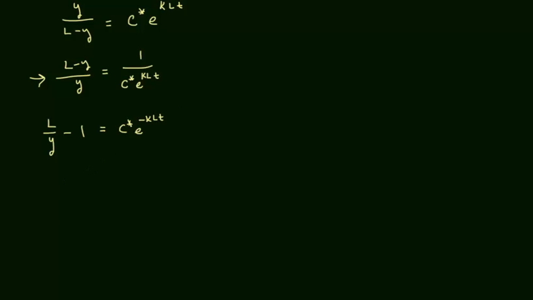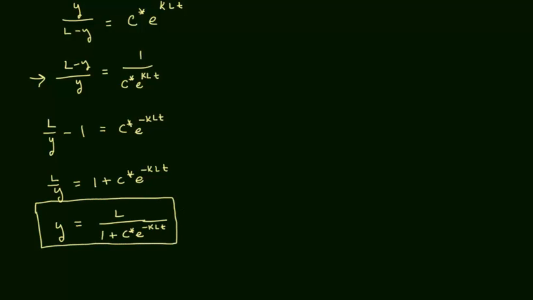I'm going to add 1 to both sides. 1 plus c star e to the negative K L t. And then I'm going to cross multiply, and I have y equals L over, there it is, 1 plus c star e to the negative capital K L t. Excellent.